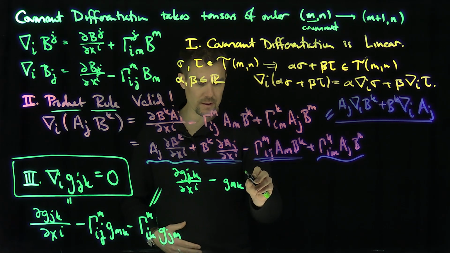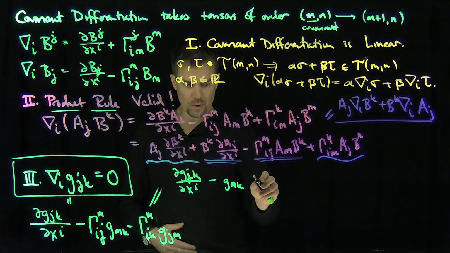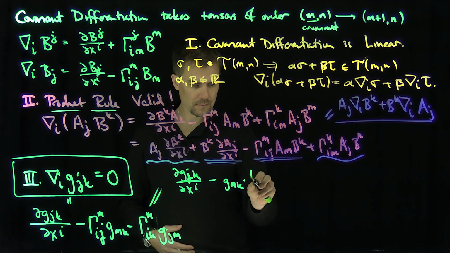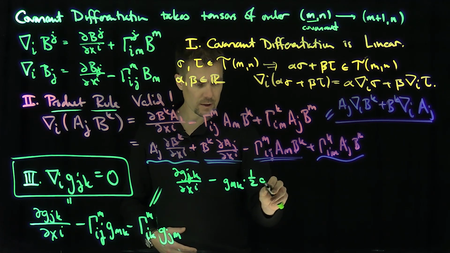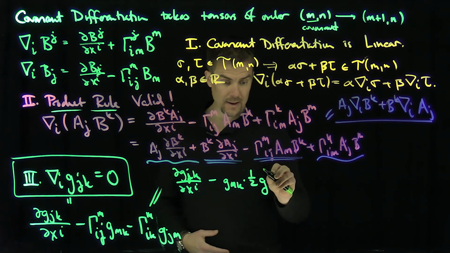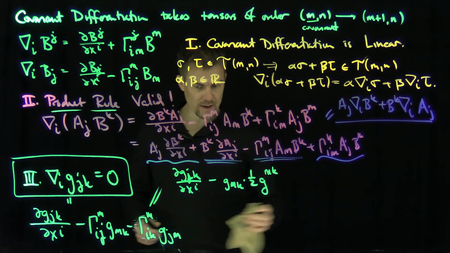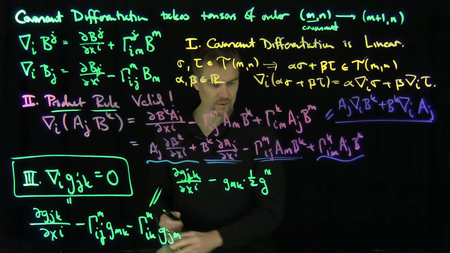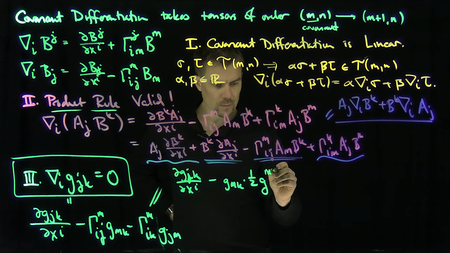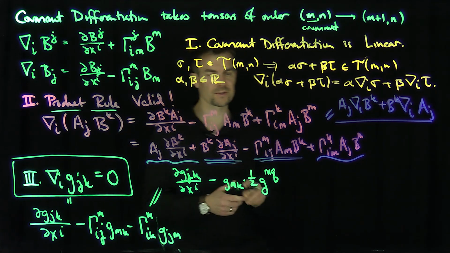So by definition, that is going to be 1/2, and then a g_mk. Whoopsies, I need a different index now. I've already used k, so I have to use a different dummy index over here. Let's say g_mq for the dummy index.